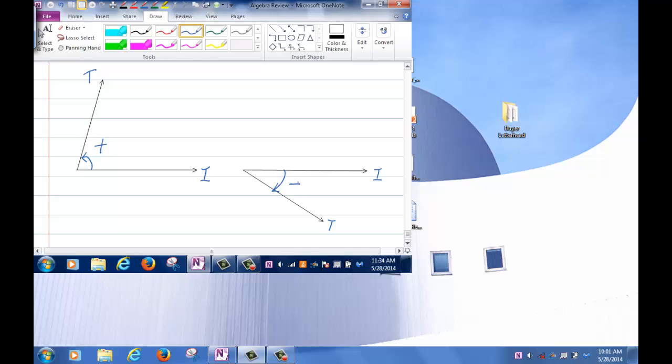So positive or negative refers to how you revolve your terminal side. Counterclockwise, you get a positive angle. Clockwise, you get a negative angle, okay?